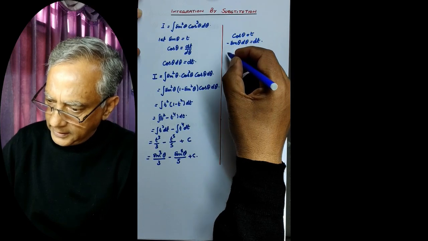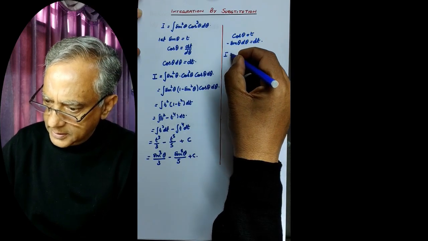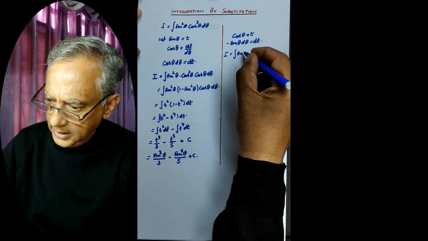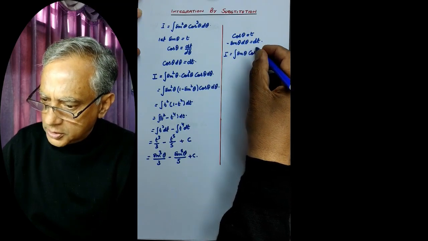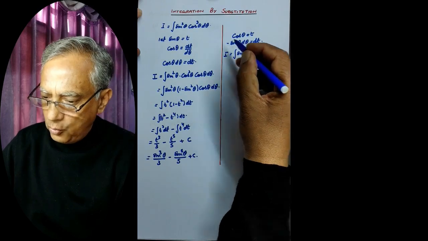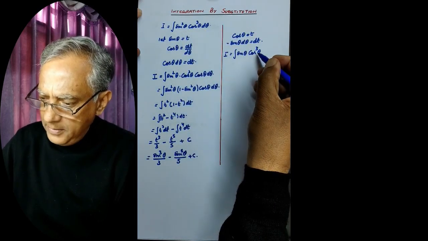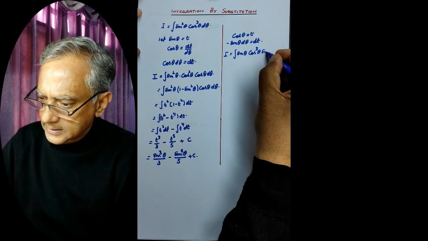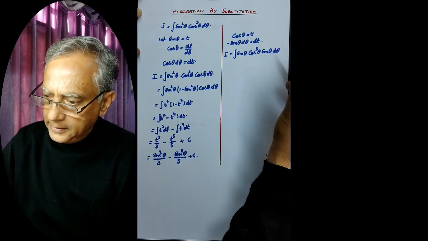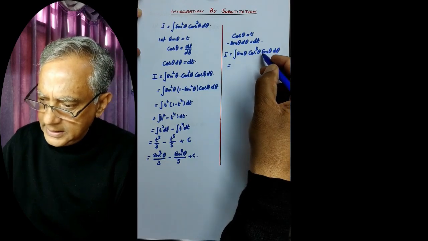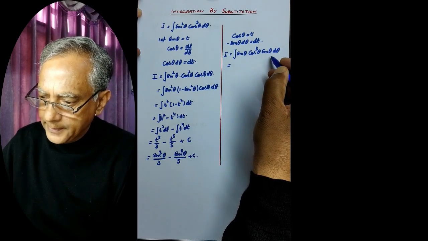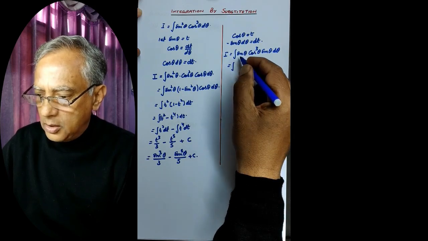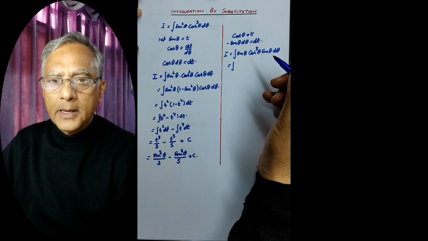Therefore I is equal to the integral of sine square theta cos cube theta d theta. We separate one sine from this and get the integral of sine theta cos cube theta sine theta d theta. Now this is dt, and this is t cube, but we are not able to convert the rest in terms of t.